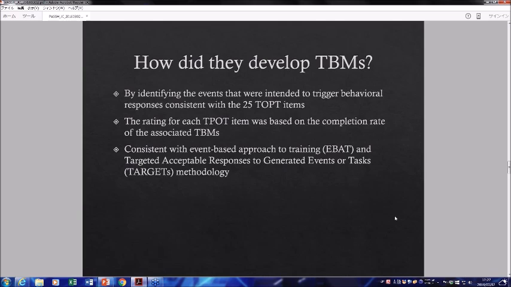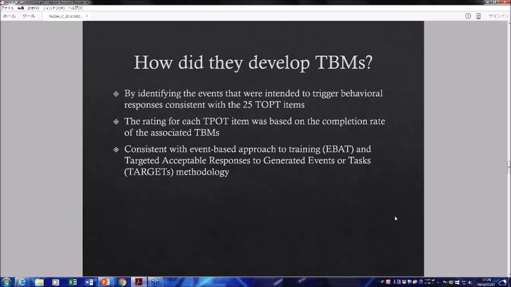Then they created the specific items they expect students would do. So when you complete the TBMs, you can find out that all items are based on TPOT.